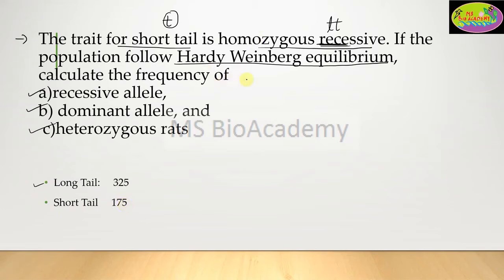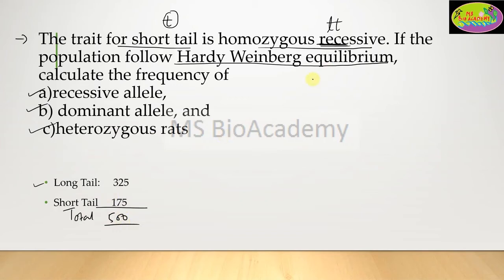Now how to solve such kind of question? First of all, you need to find out the total number of population. Just add both of them. When you add it, it comes to 500. So out of 500, 325 are having a long tail and 175 are having a short tail.